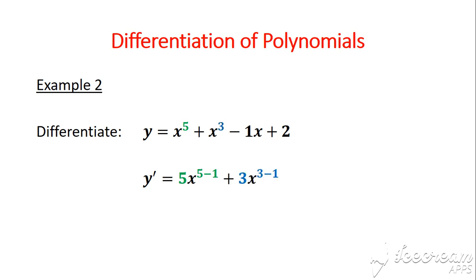The second term, the 3 will come out the front and we'll take 1 off the power. Now this minus 1x will differentiate just to minus 1. The x will disappear. And this plus 2 will differentiate to 0. So when we tidy it up, we end up with y dash is equal to 5 times x to the power of 4 plus 3 times x squared minus 1.